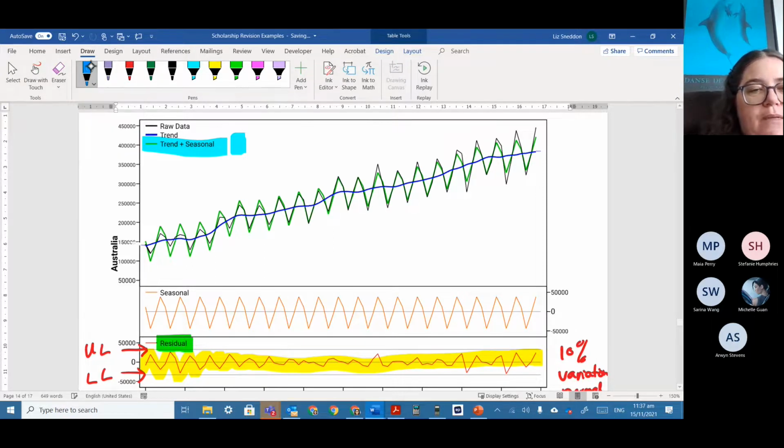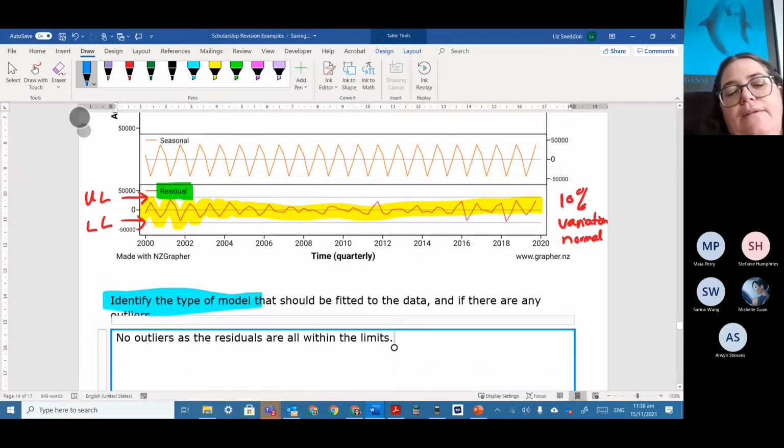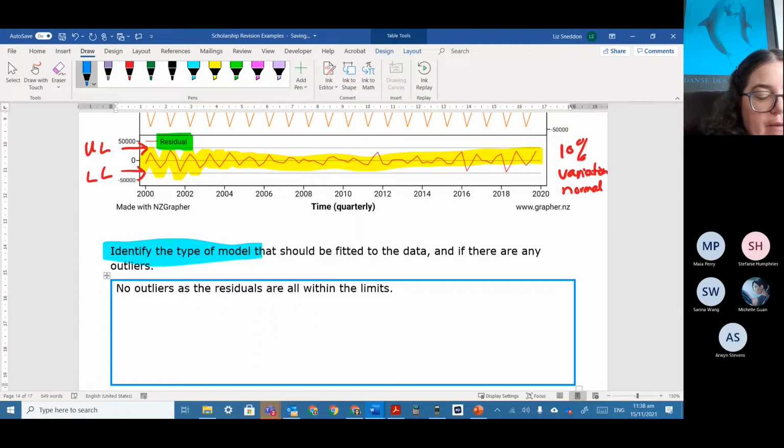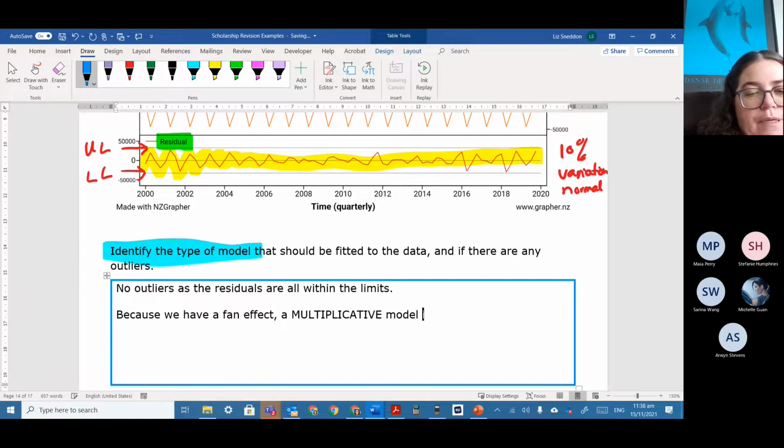It does a trend plus a seasonal and combines them together in that additive way. If the variation is constant, then an additive model is good. However, if we have a change in the variation, then a multiplicative model is better. So because we have a fan effect, a multiplicative model is preferred.